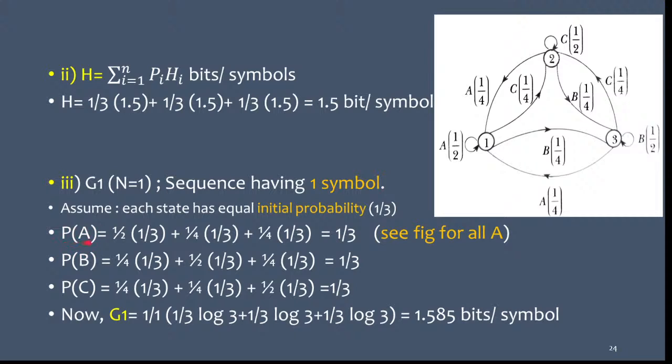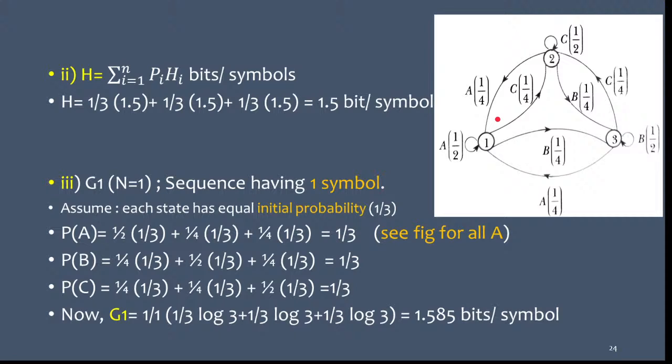To find the probability of A, in this figure you need to find out from where A is emitted. For example, from the initial state 1, A is emitted with the probability of 1 by 2. Next, can we see any other A? Yes, there is one more A. From where? It is generated from state 2, right? With a probability of 1 by 4.